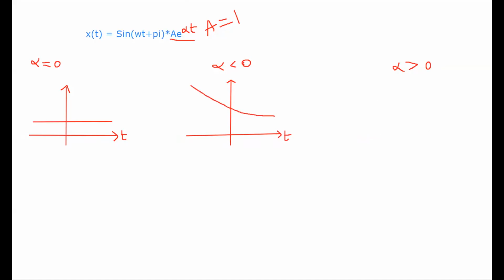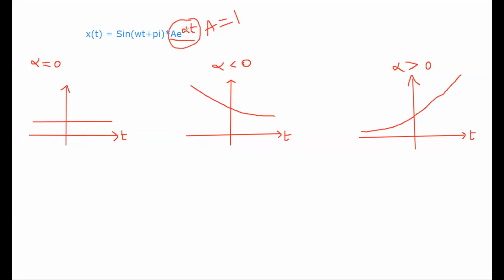Similarly, when alpha greater than 0, then we may get a growing exponential. So we have drawn up to this part for different values of alpha.